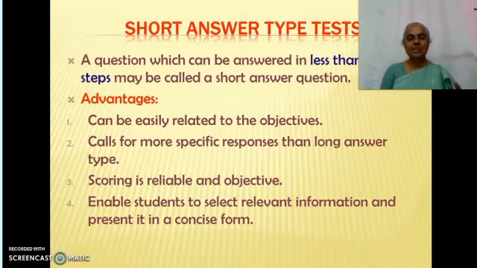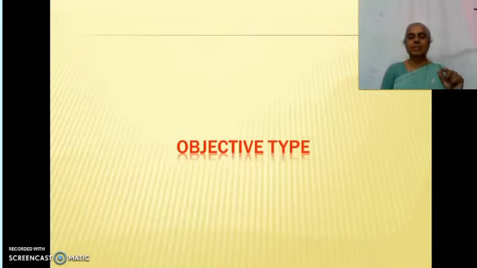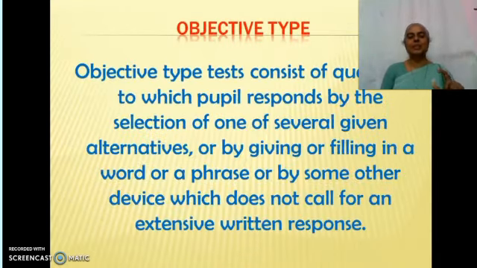So when a question is asked, the students cannot write a long 1 page or 2 pages. They have to confine themselves to a few sentences, a few steps, so that it becomes a short answer type.